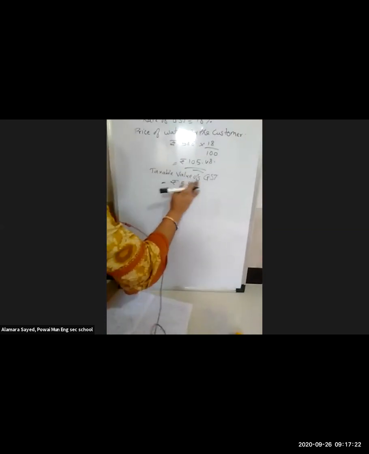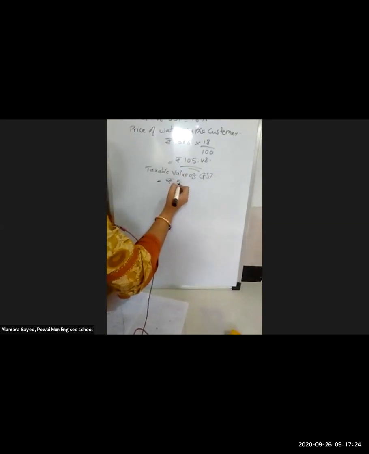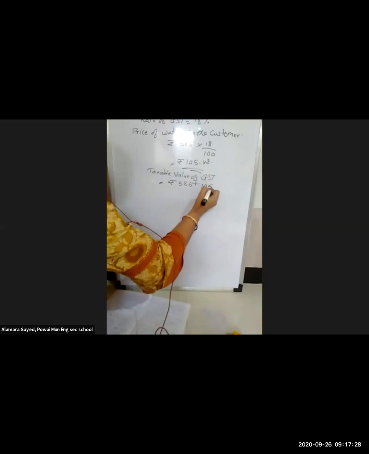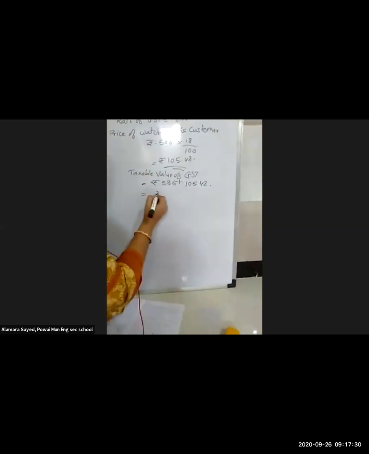Taxable value of GST, that is rupees 586 plus 105.48 is equal to rupees 691.48. So this is the answer.